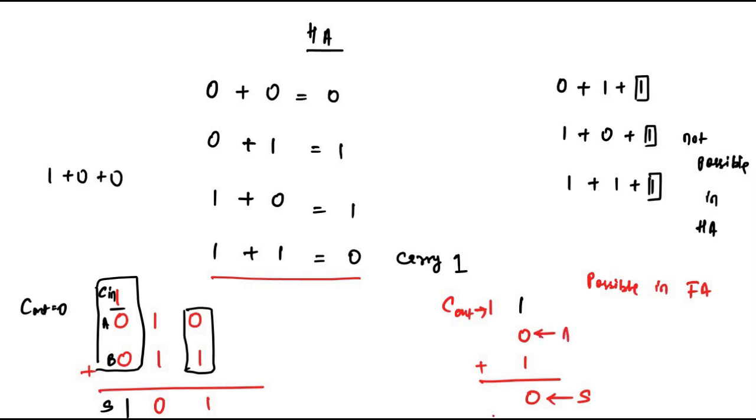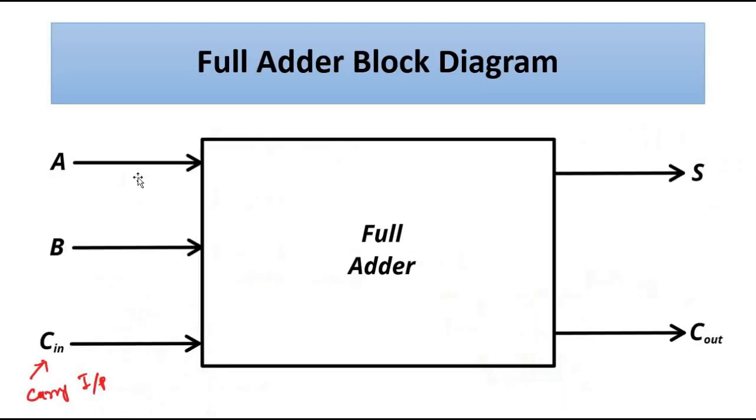This is A, this is B, and this is the carry at the input side. The result is 0 plus 1, 1, 1 plus 1, 0 with a carry of 1. So here the output carry is 1 and sum is 0.